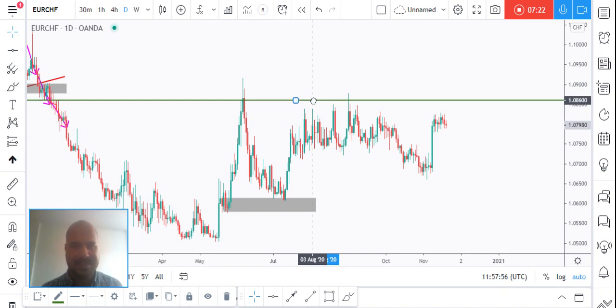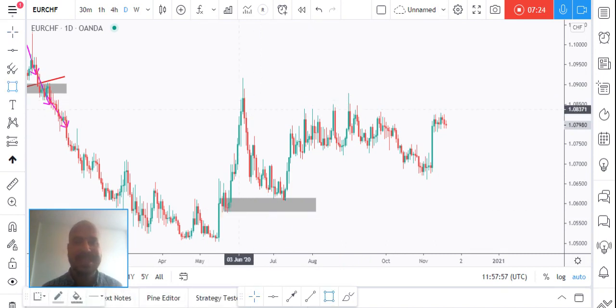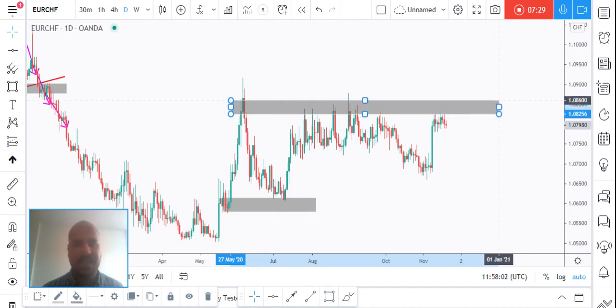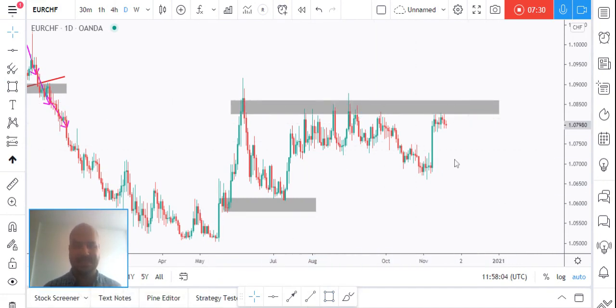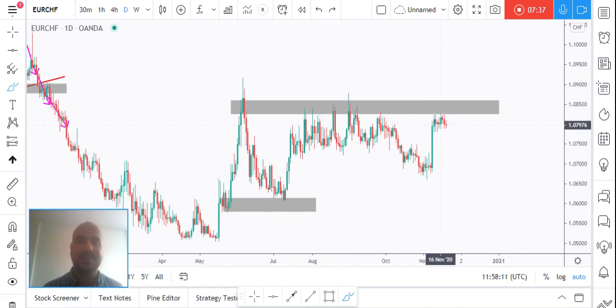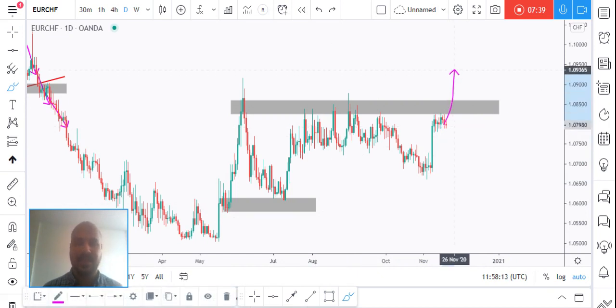So price is currently sitting around the resistance zone, which is a zone, not a laser line. So here's our entire resistance zone, and as price is sitting around this resistance, we will be looking for sell setups on lower time frames, unless price breaks it upward aggressively with many bullish candles.